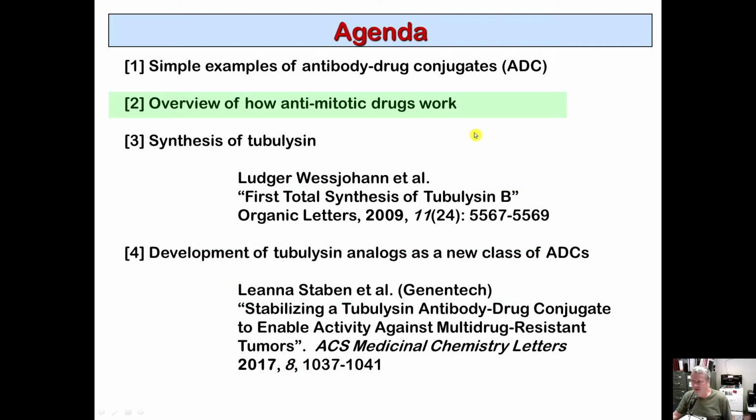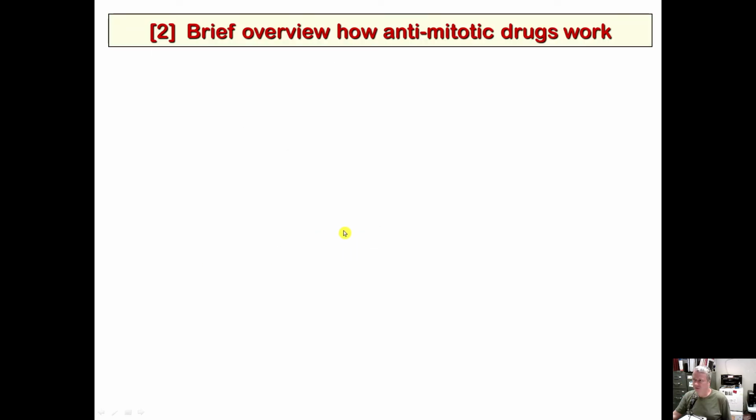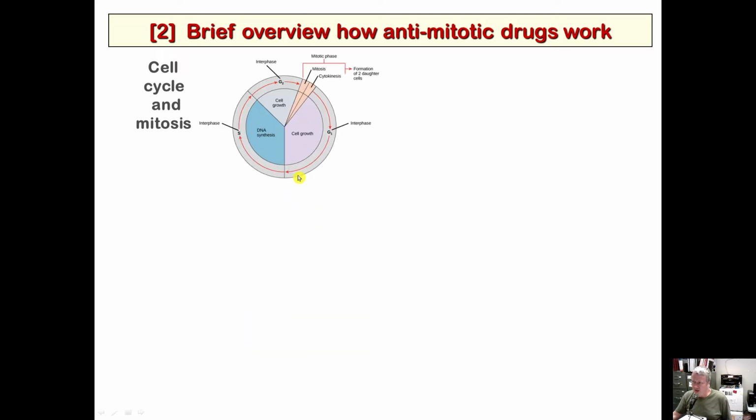Okay, so how do antimitotic drugs work? Let's review the basic concept of mitosis. All right, let's talk about the cell cycle first, in very brief terms. You probably learned a lot about this in biology classes.